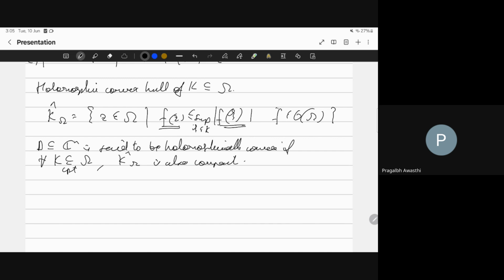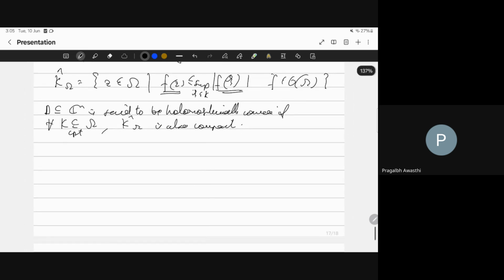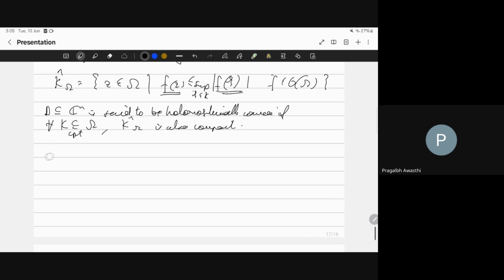Right. Now for any omega in Cn or Rn, the following are equivalent.